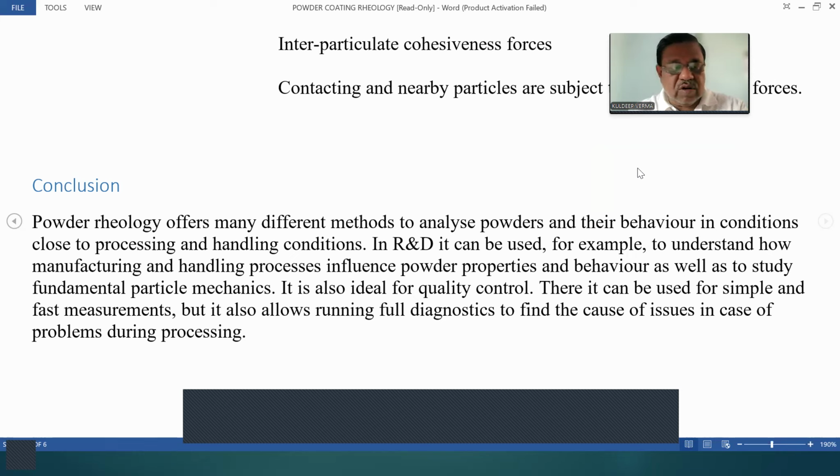So what is the conclusion of rheology? Powder rheology offers many different methods to analyze powders and their behavior in conditions close to processing and handling conditions. In R&D, it can be used, for example, to understand how manufacturing and handling processes influence powder properties and behavior, as well as to study fundamental particle mechanisms.